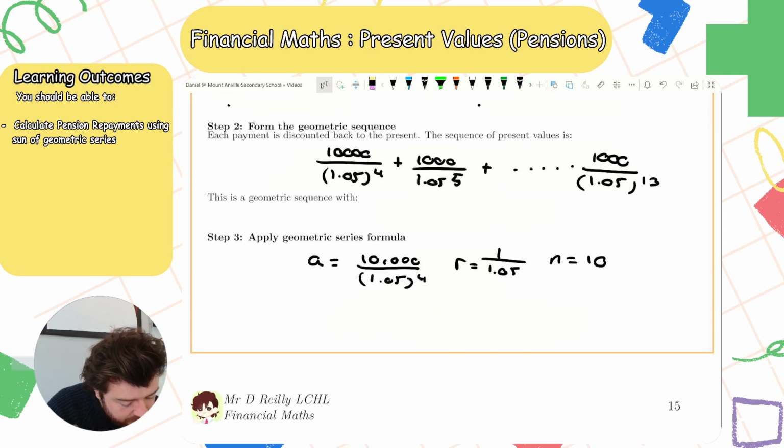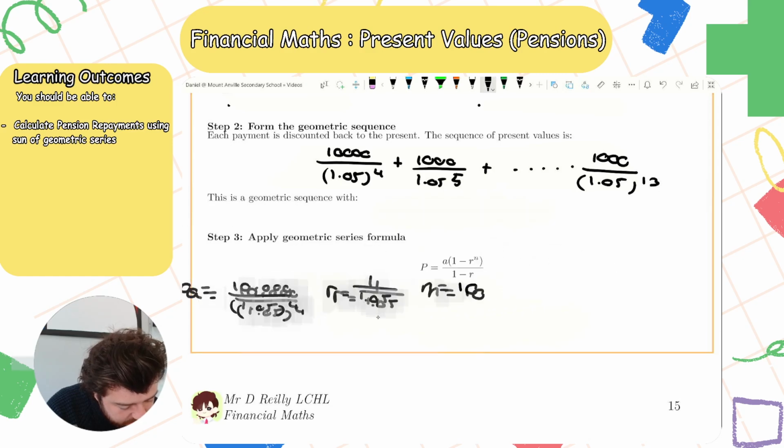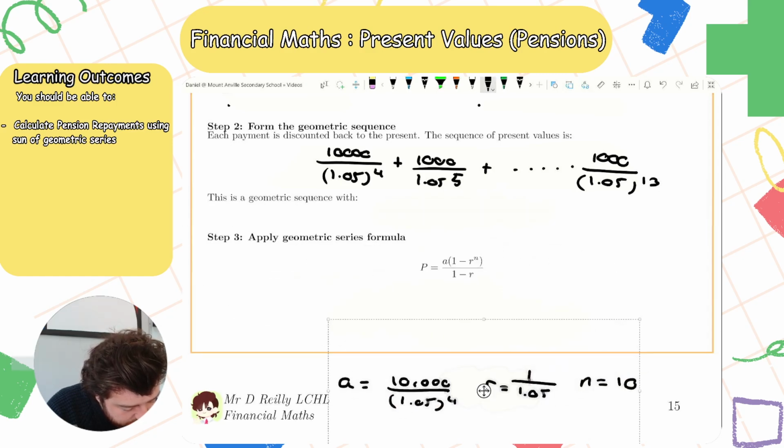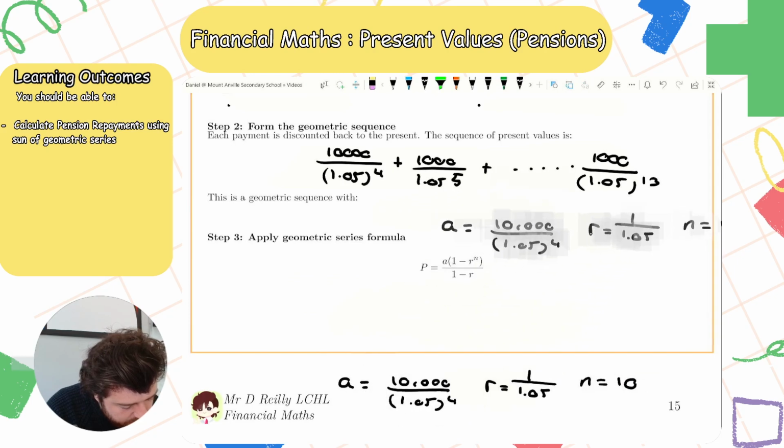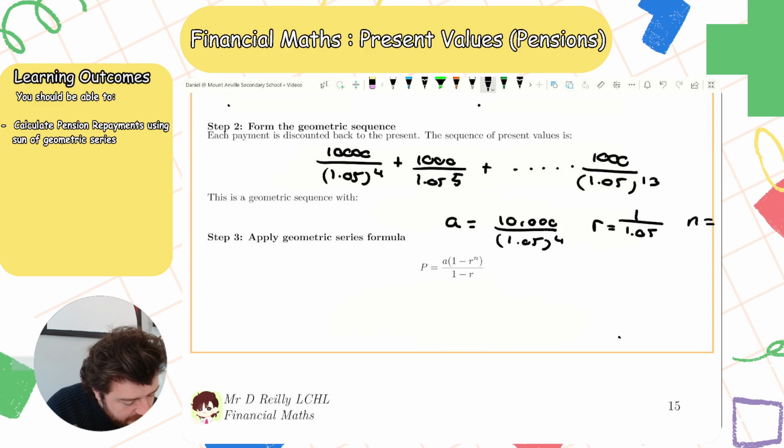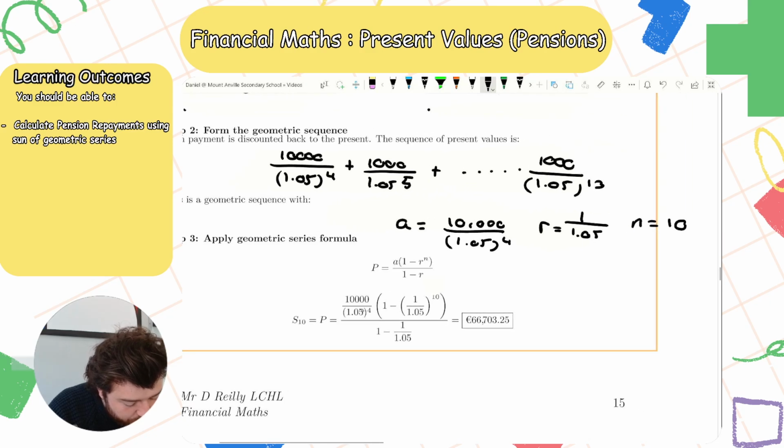A times 1 minus r to the n, all over 1 minus r. So that's 10,000 over 1.05 to the power of 4, times 1 minus 1 over 1.05 to the power of 10, all over 1 minus 1 over 1.05.